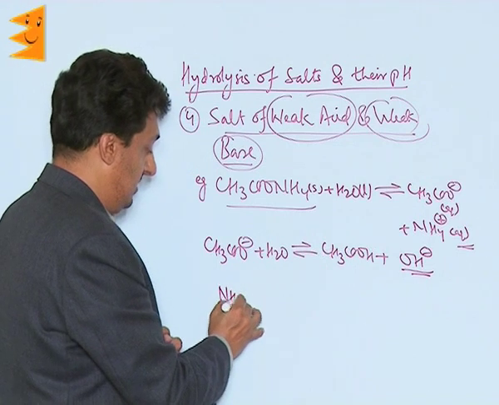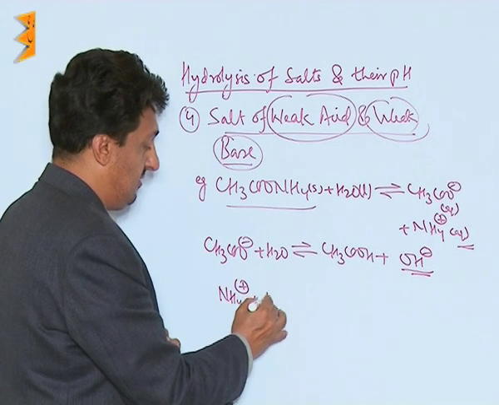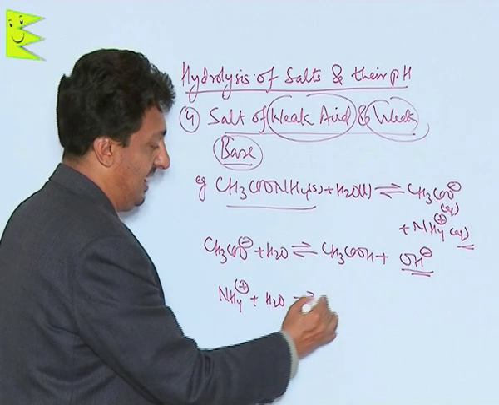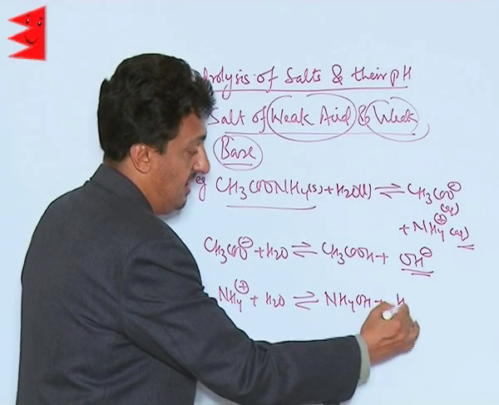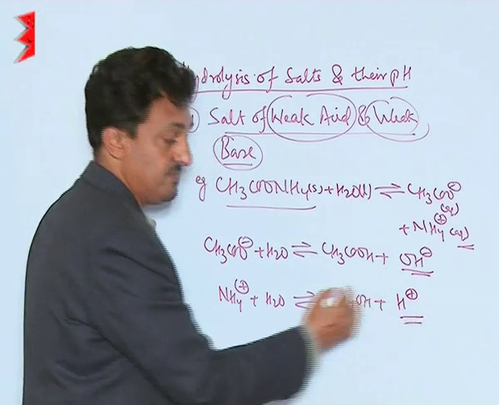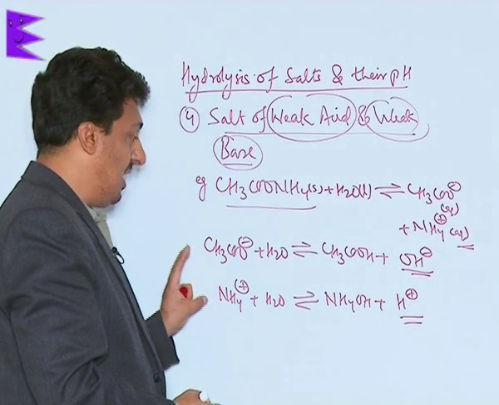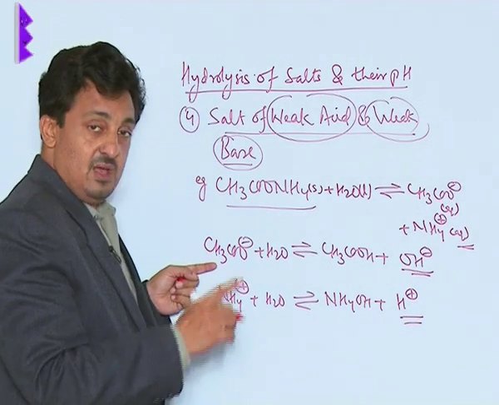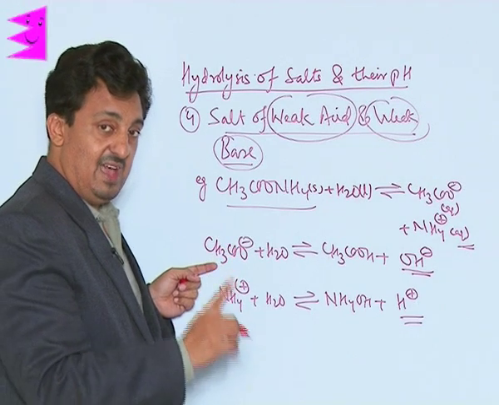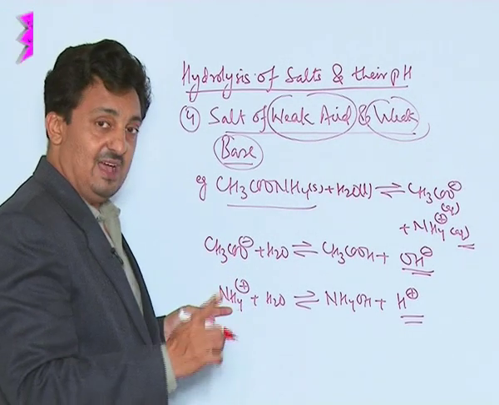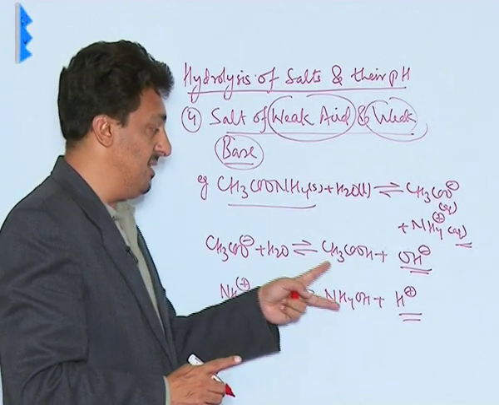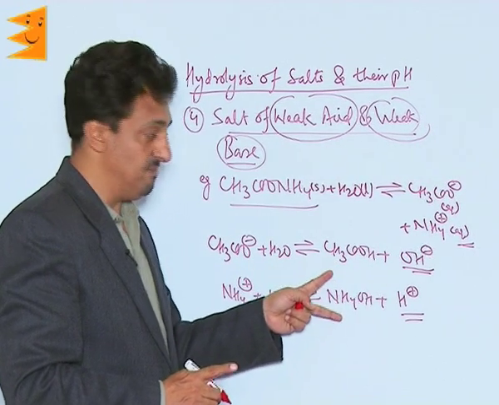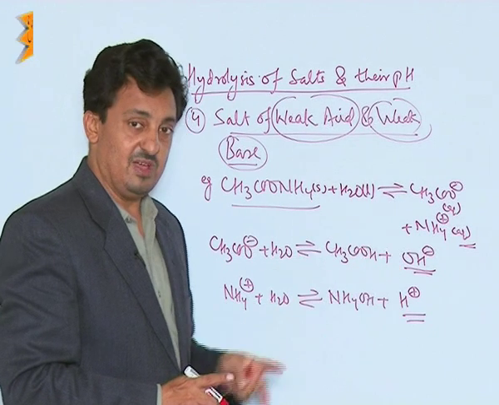Similarly, this ammonium ion will react with water, get hydrolyzed, forming ammonium hydroxide and H plus ions. So both of these, the conjugate base of a weak acid and the conjugate acid of a weak base, immediately get hydrolyzed, forming their respective acids and bases, releasing H plus ions and OH minus ions.